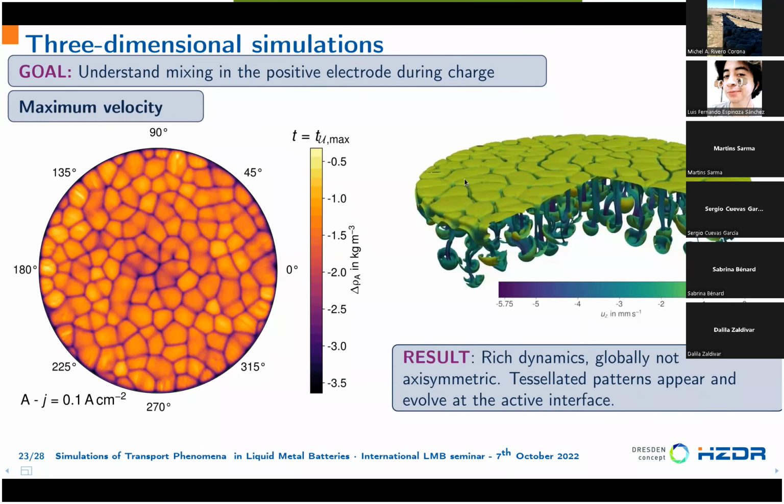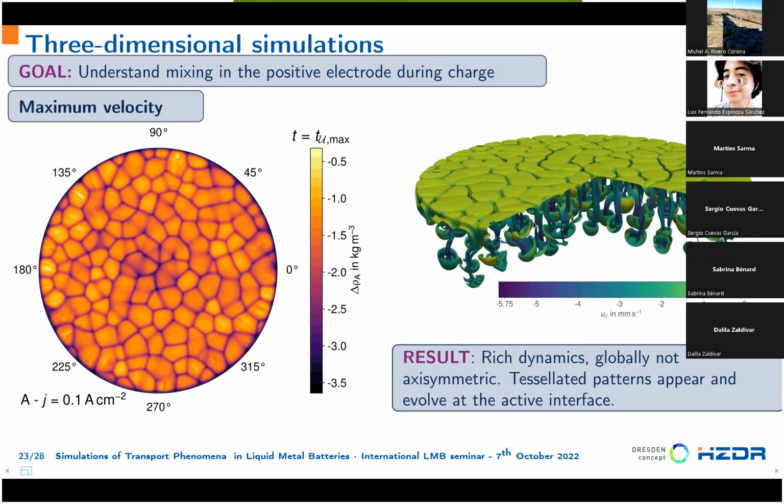And then convection sets in, and we have these very nice plumes and the formation of this tessellated pattern at the interface. And the single plume is axisymmetric, and this is what seems to explain the good agreement with the axisymmetric case. So the full flow is not at all axisymmetric, but the single component is axisymmetric.